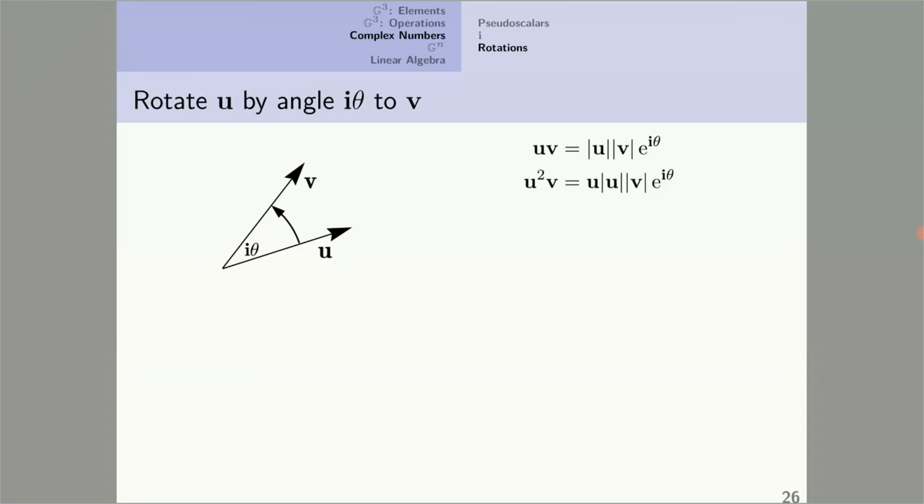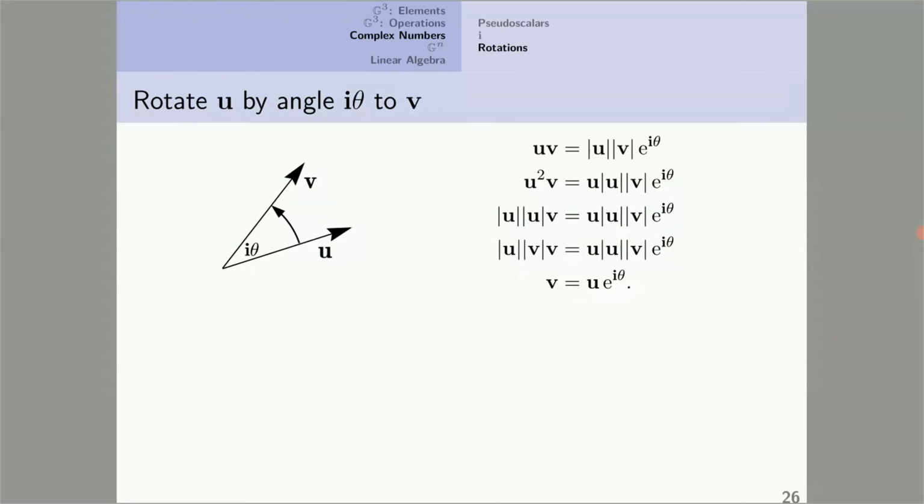I'll make that substitution on the left. The length of v is equal to the length of u because u rotates to v. I'll make that substitution in one of the factors on the left. Now I've got length of u, length of v on both sides. I'll cancel it out, and I'll have my formula.